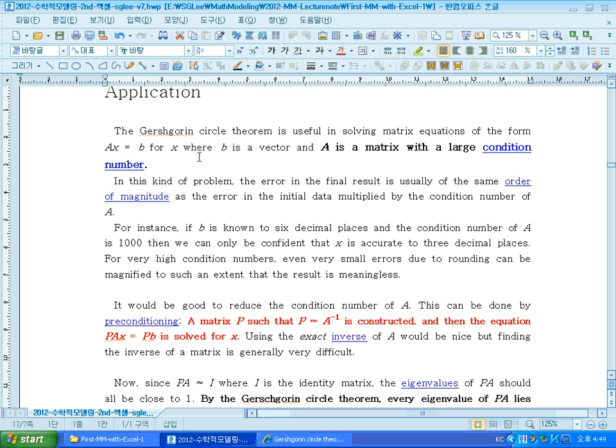Okay, here is an application. This Gershgorin circle theorem is useful in solving a matrix equation of the form AX equals B when A is a matrix with a large condition number.